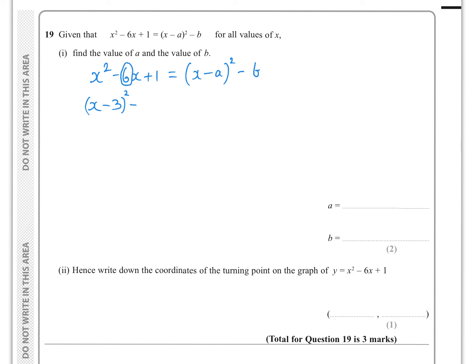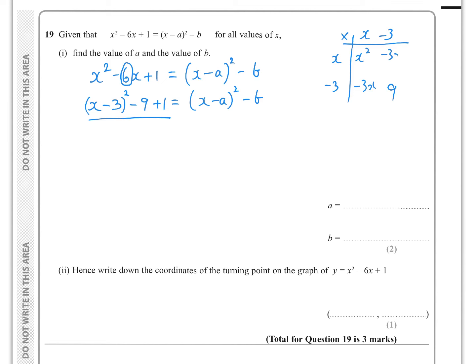And then I've got this situation. Now how did I get here? I'm not going to go into a massive amount of detail, but if I did x minus 3 and I squared it, you'd have x squared, you'd have a 9 here, minus 3x, another minus 3x.